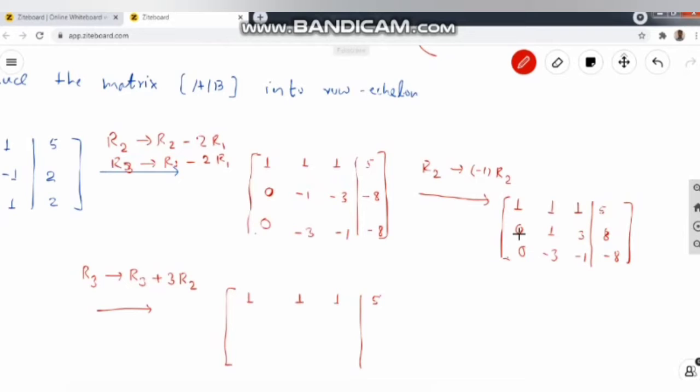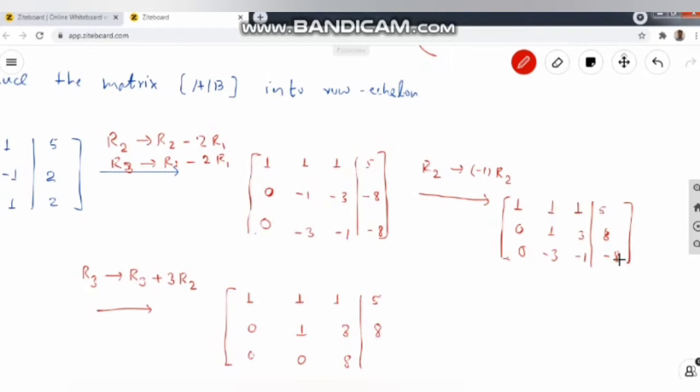So in the second row, after applying the elementary row operation R3 is replaced by R3 plus 3R2, what will we get? 0, 1, 3. So the second row will remain the same. And for the third row, applying this operation, of course you will get 0 here. And then minus 1 plus 9, which means plus 8.